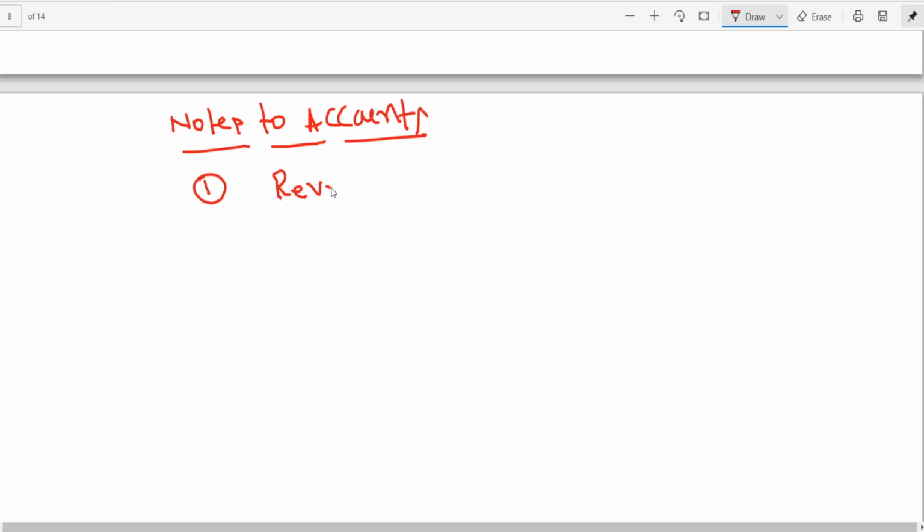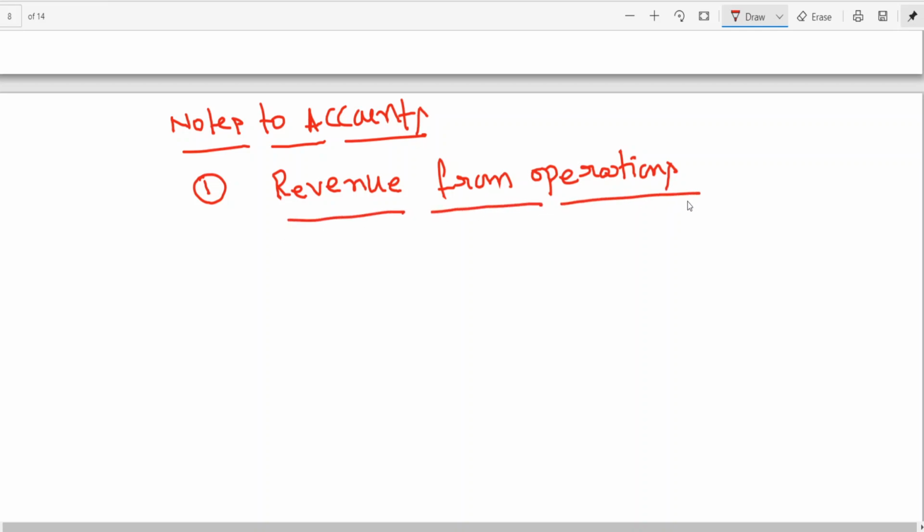I am writing notes to accounts. Revenue from operations.